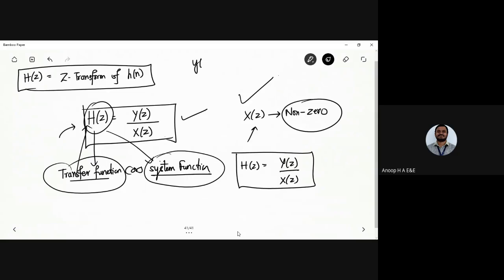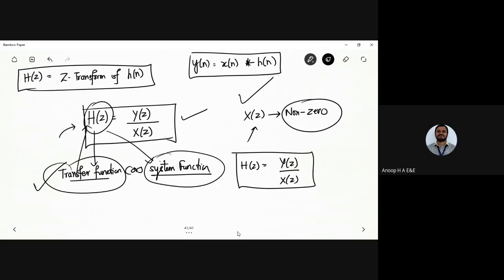So h of z would be y of z divided by x of z, and h of z would be the transfer function or the system function. So you have to take the z transform of each and every signal that is there, and later on we can find out the transfer function or the system function.